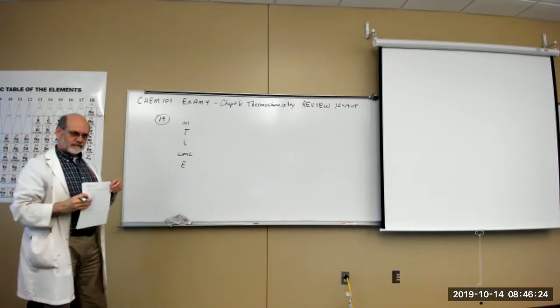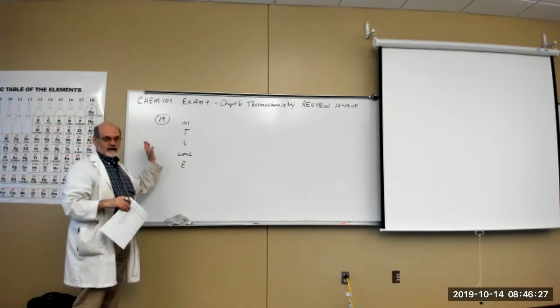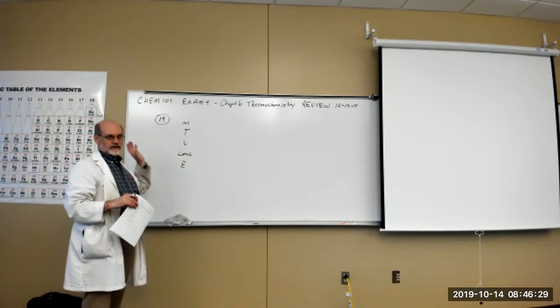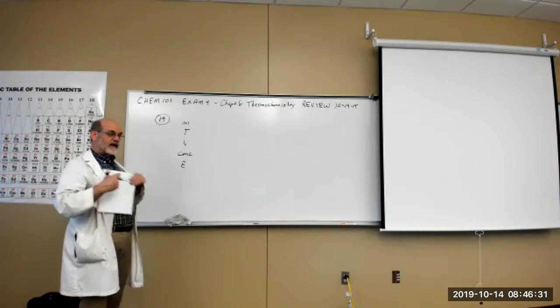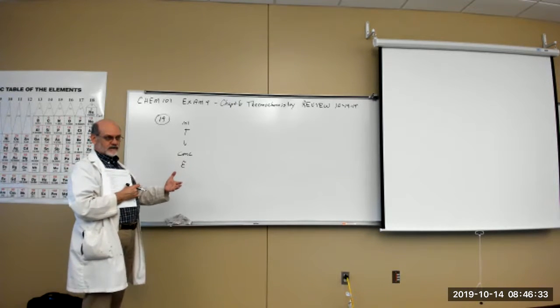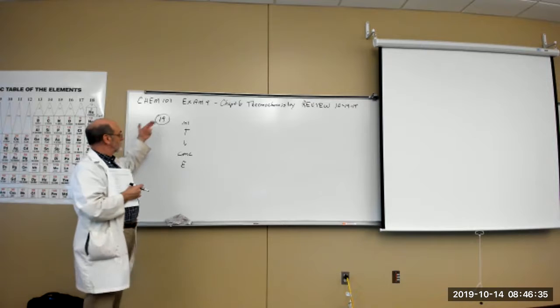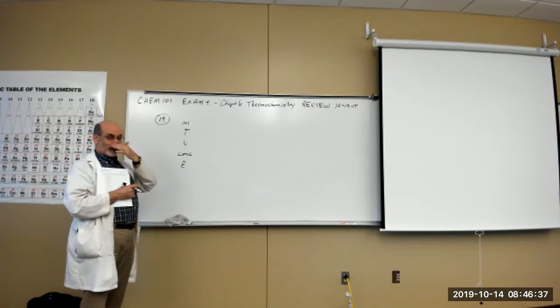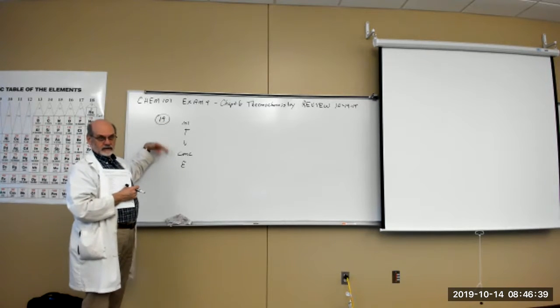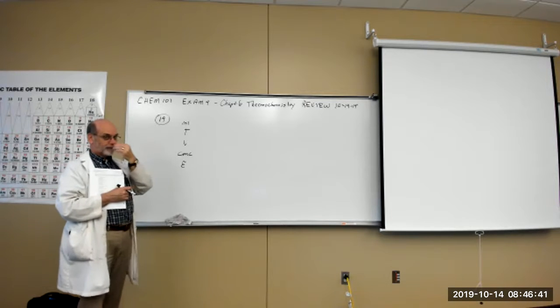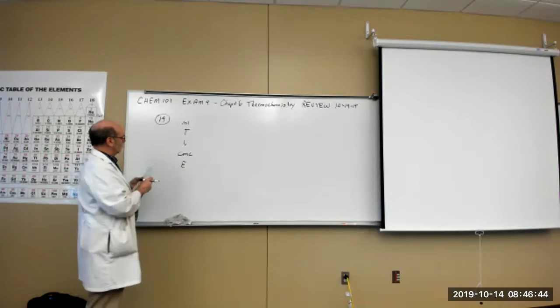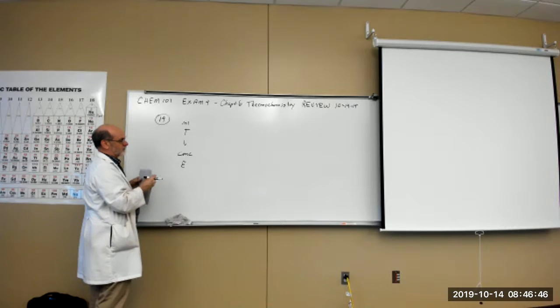What do I mean by that? That means it doesn't matter how much of the stuff you got. The property is constant. If you change the amount of the substance and the value of one of these changes, then it's a capacity property, capacity factor. All right, so which ones are intensive?